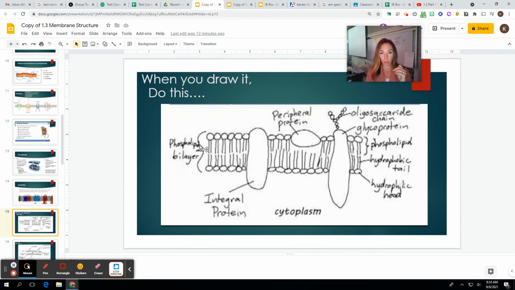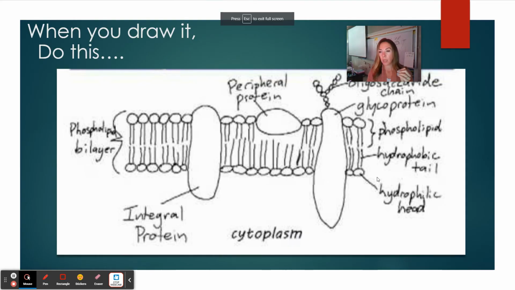I've got my phospholipid bilayer, and the phospholipid shown separately, with the philic head and the phobic tail. So it's got integral protein, peripheral protein, inside of the cell, outside of the cell, the entire bilayer, and then the separate parts of it, the phospholipid with the hydrophilic and hydrophobic parts.